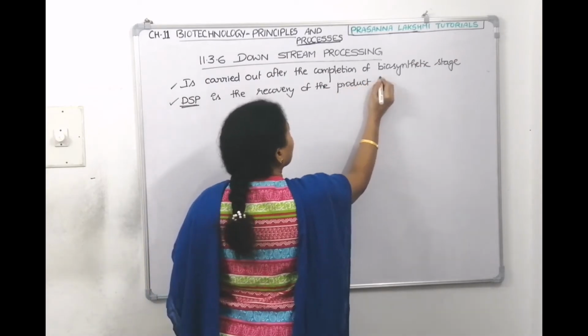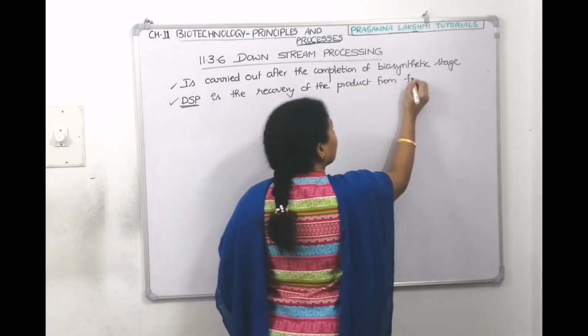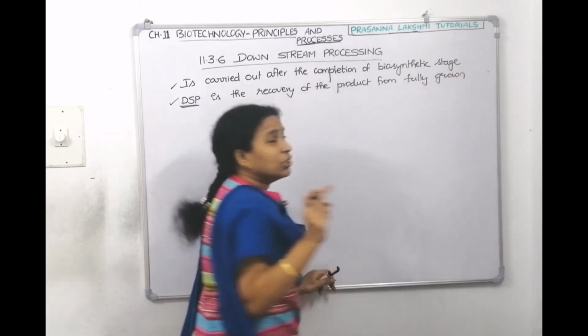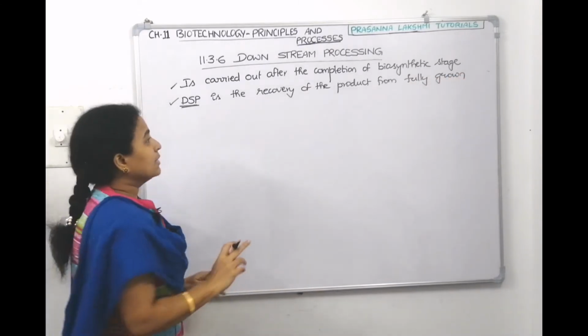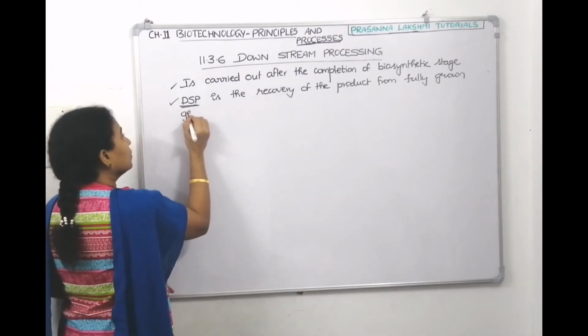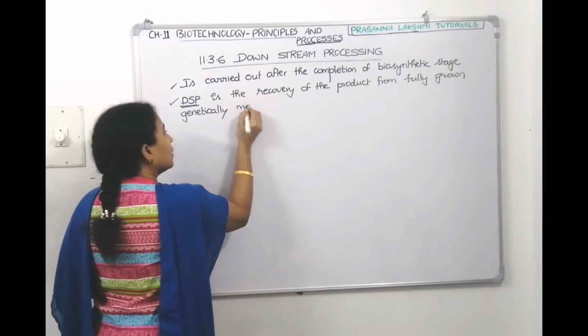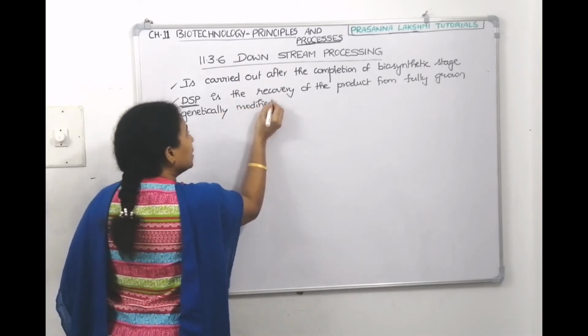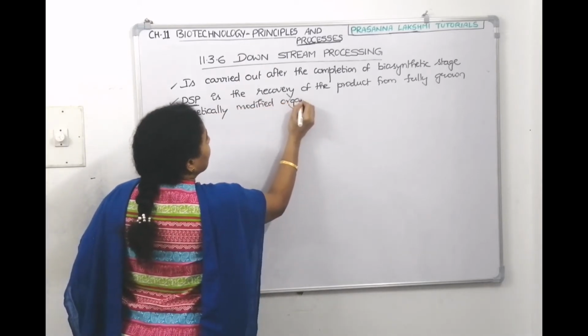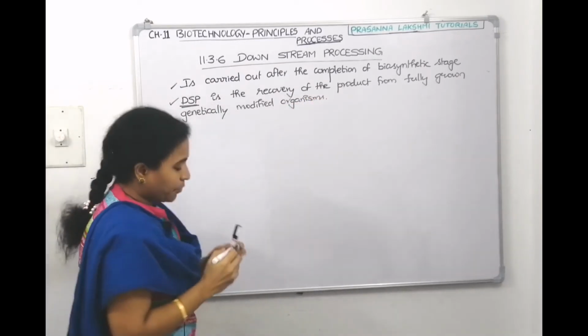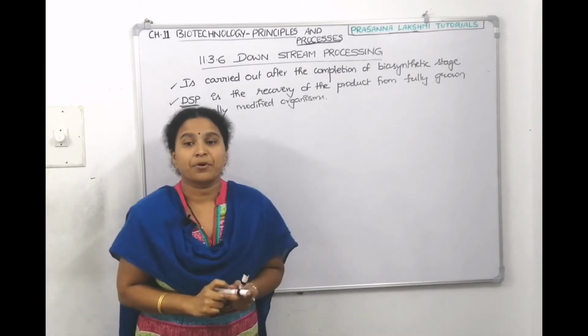From where? From the fully grown genetically modified organism, isn't it? Then downstream processing is not a single step process.